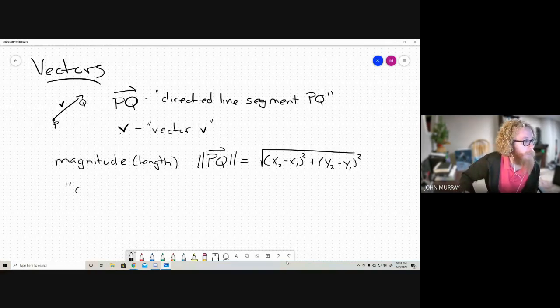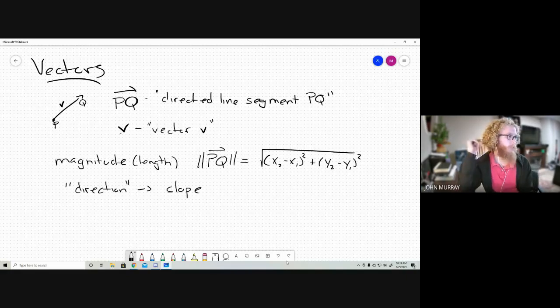And then we can also find the direction, by finding the slope. All right, that tells us where we're pointing. So we saw that we can say that two vectors are equivalent if they have the same magnitude and slope.